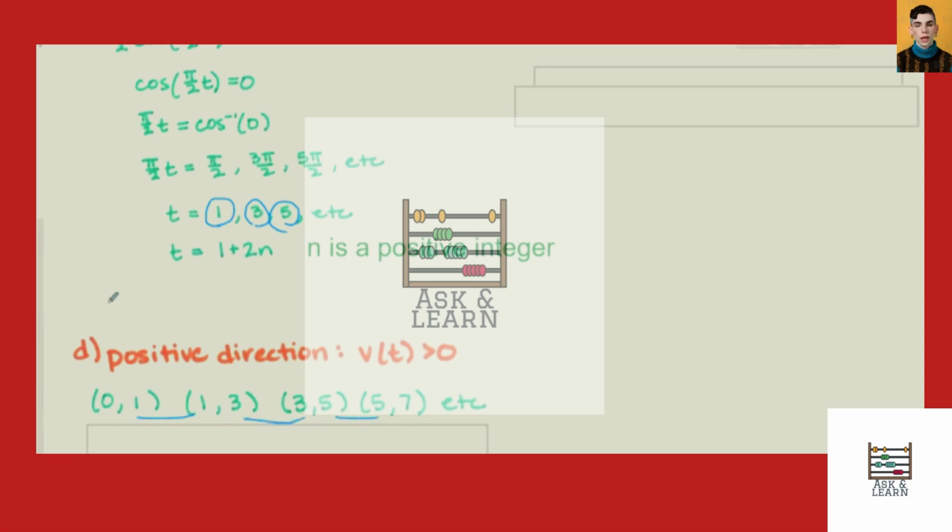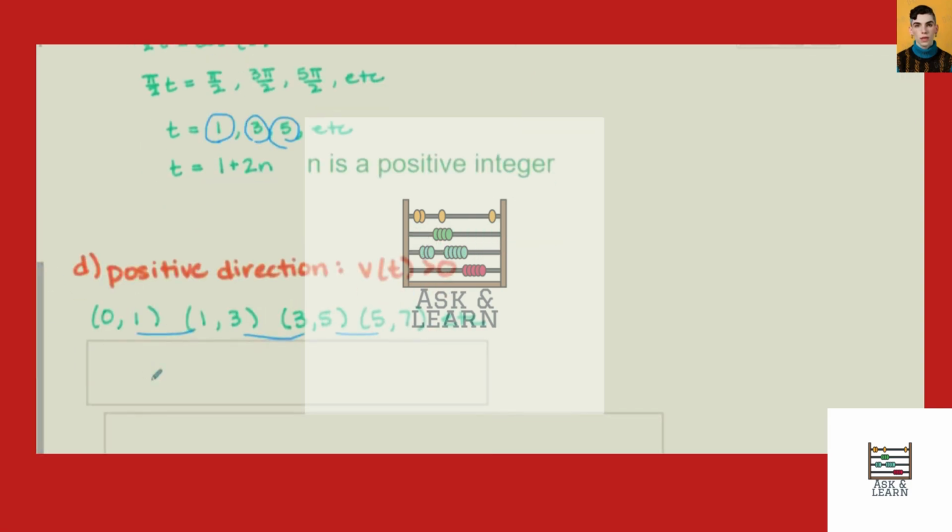Now we want to see what the velocity is doing on each interval. So let's pick a number in each interval and plug it into the velocity and see if we get a positive or a negative. I chose 1/2, 2, 4, and 6 to be the numbers I substitute into those intervals. I got a positive, then a negative, then a positive, then a negative.